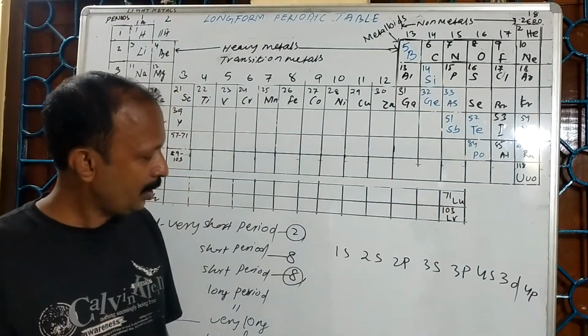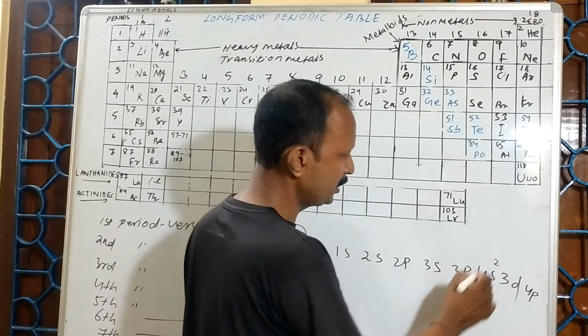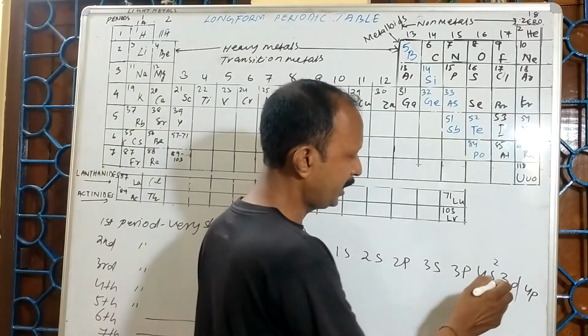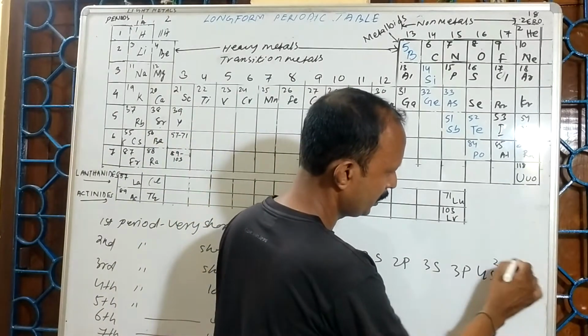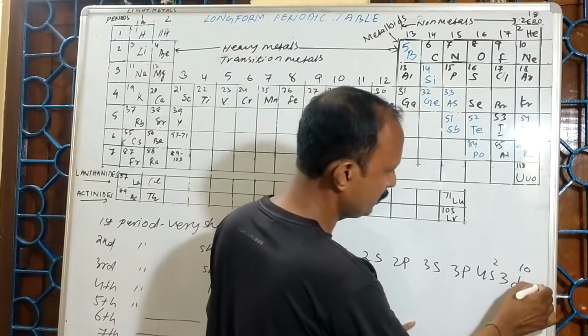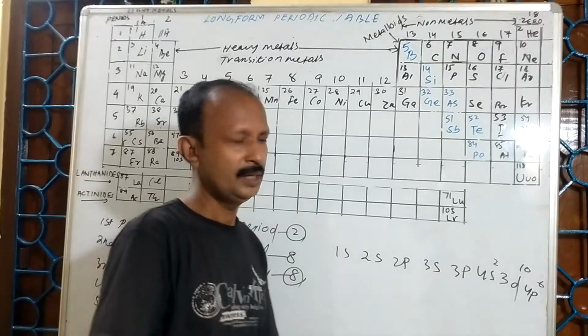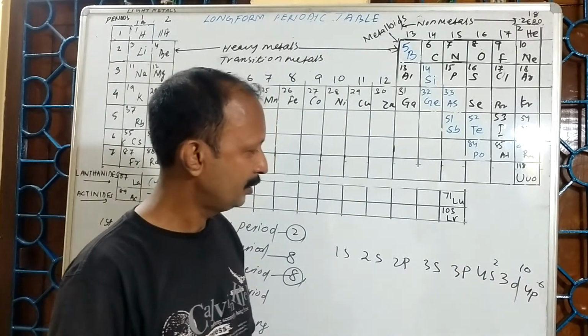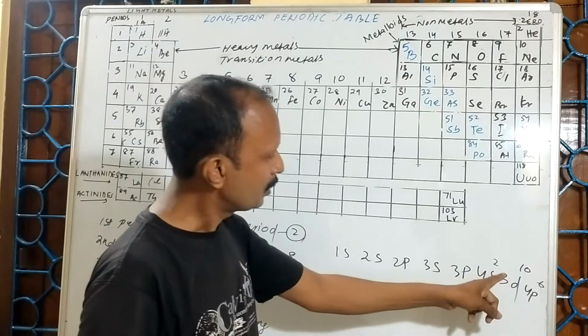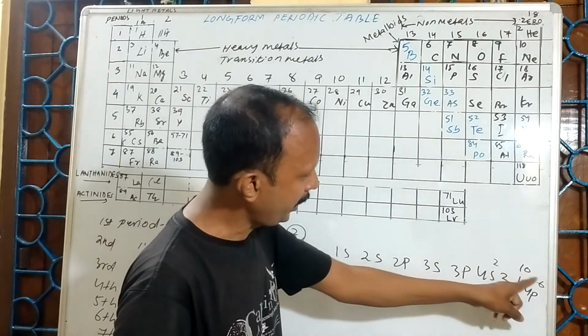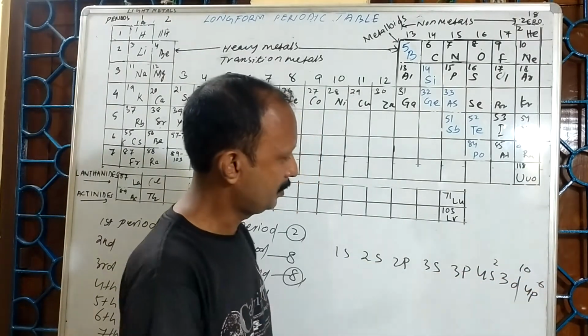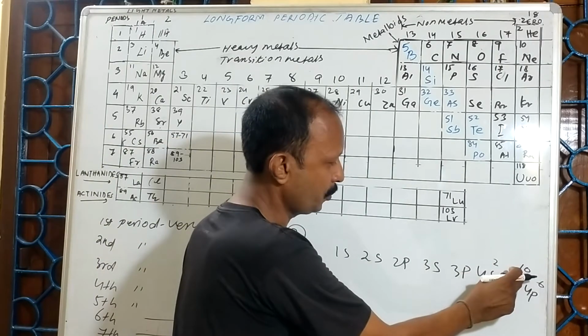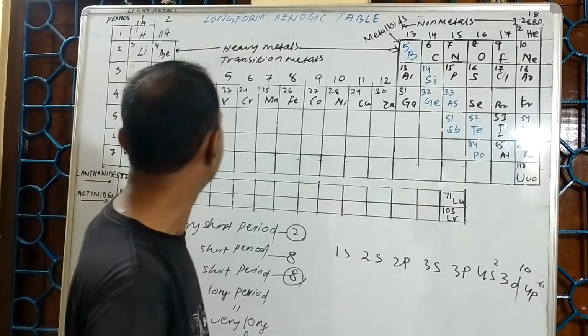See here, S capacity is 2, D capacity is 10, P capacity is 6. After 4p, here 2, 10, 6. 2 plus 10, 12, 12 plus 6, 18.